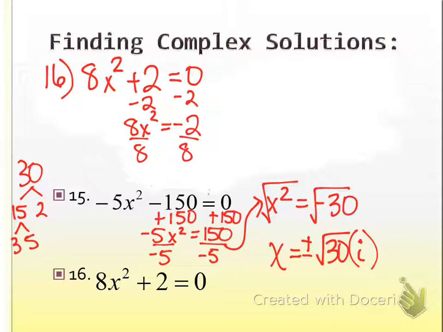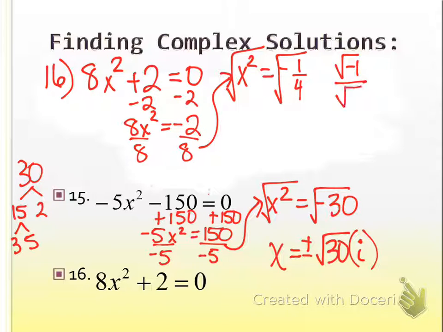divide by 8. That leaves me with x squared equals... Can we simplify 2/8? Negative 1/4. Then what do I need to do? Square root. If you want to just give the negative to the 1 in the numerator, you can go ahead and do that. That makes it a little bit easier to simplify, because we would have the square root of -1 over the square root of 4.